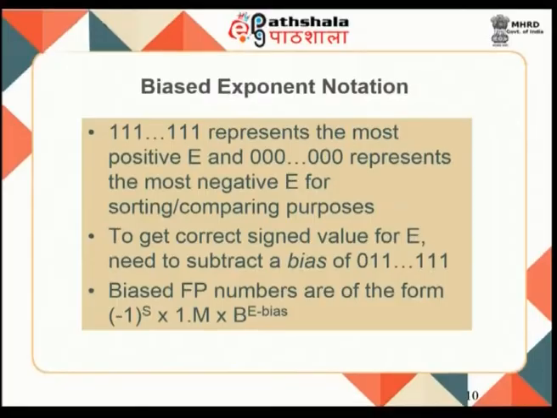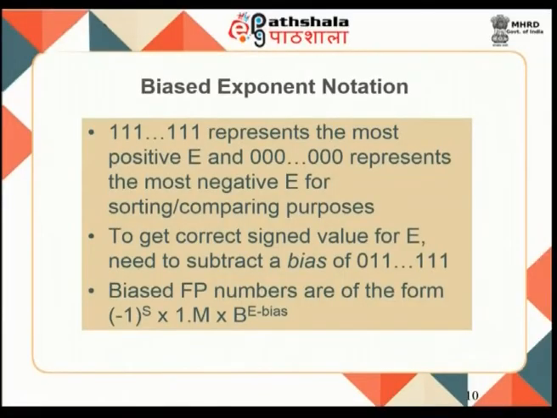So, for example, when you have all ones, that represents the most positive exponent value, and all zeros represents the most negative exponent value. For sorting and comparison purposes, rather than looking at a 2's complement representation, when you go in for a biased representation and when you have all zeros representing the most negative and all ones representing the most positive value, it becomes very easy for sorting and comparison purposes.